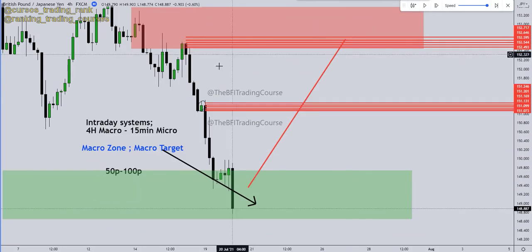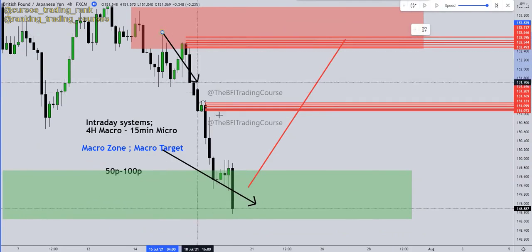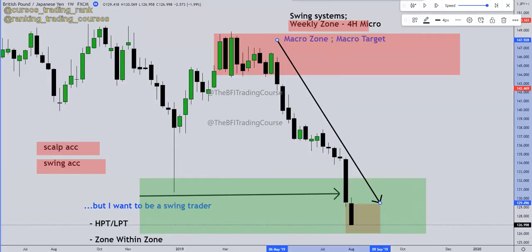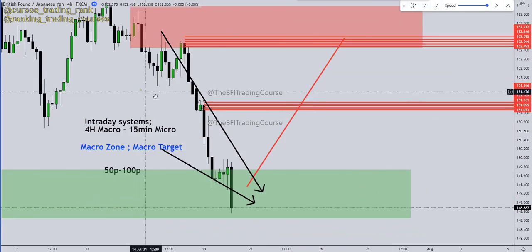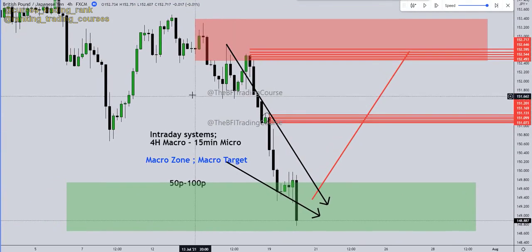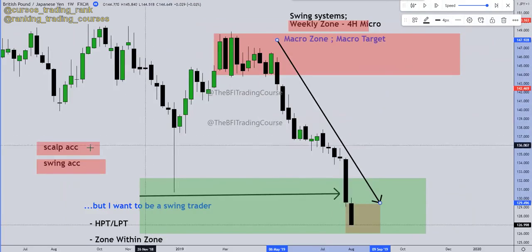Notice how, although they look similar, you could treat them the same and start scalping, maybe some intraday stuff. This is a 4 hour zone.